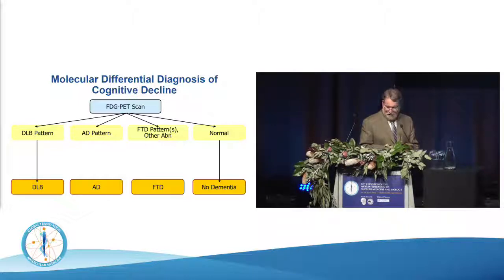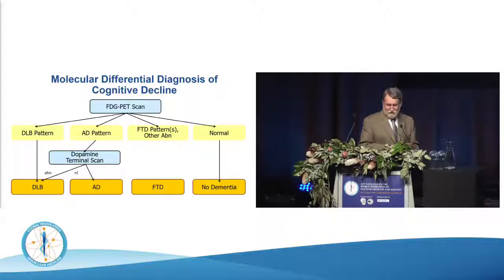So in that case, if it matters to management, we would advise considering a dopamine terminal scan, a DAT scan, or an Australian AV133. If that scan is normal, then you have Alzheimer's disease. But if it's abnormal, it's DLB with the attendant concern about how not to manage that with antipsychotics if visual problems are the problem.